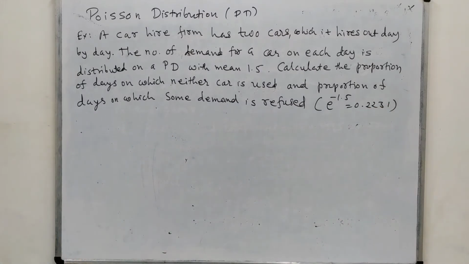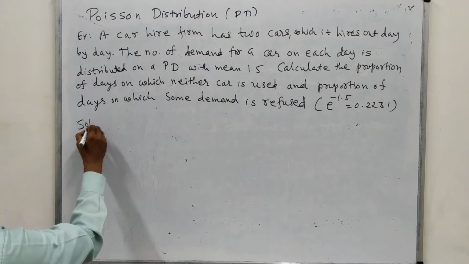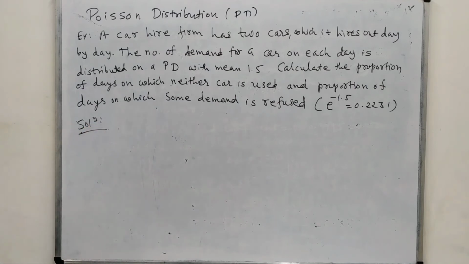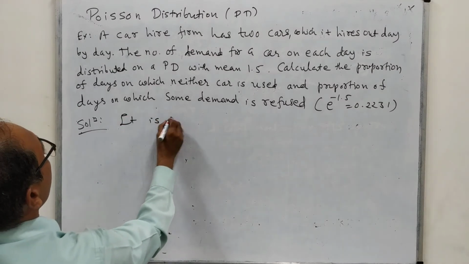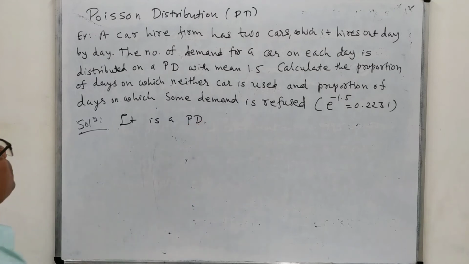Okay, so here you can see that the statement of the problem is very lengthy, but the solution is not too lengthy. It is the case of a Poisson distribution, so we simply require a value of lambda.